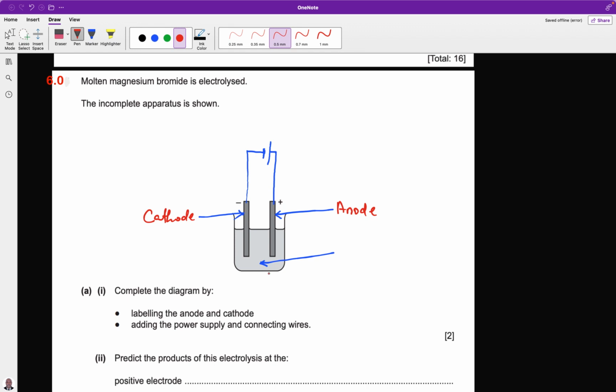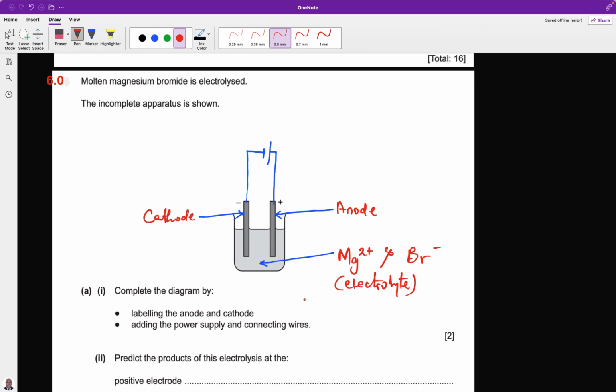The electrolyte, this is what we have, a solution of magnesium 2 plus and the bromide. We call this the electrolyte.